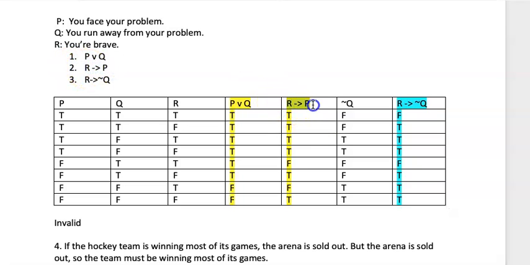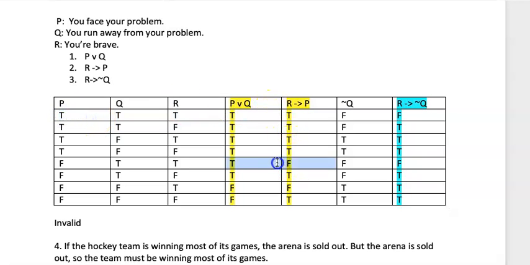Then we want to do this: if R, then P. For a conditional, if the premise is false, the conditional is automatically true. And then if the premise is true and the consequent is true as well, that will also be true.